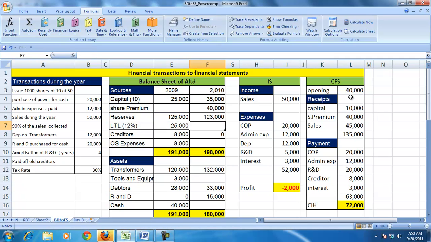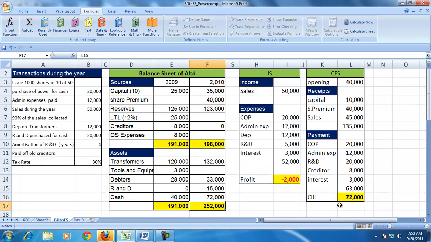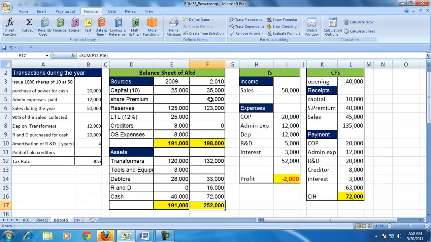The cash flow statement will show the total cash available 135, total payment 63, so therefore cash in hand is 72,000, which will be in the balance sheet. So the two items on the balance sheet, that is reserves and cash, are affected by the outcome of the income statement and the cash flow statement.